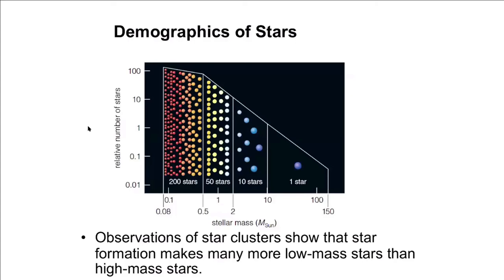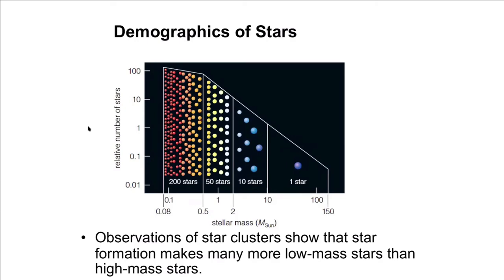In fact, for every one star that's made above 10 solar masses, 10 are made between 2 and 10 solar masses, and 50 are made between 1/2 and 2 solar masses. These guys up here that are the superstars, the really high mass stars, are very rare. Not only because they're made very rarely, but because they burn out really fast once they are made.